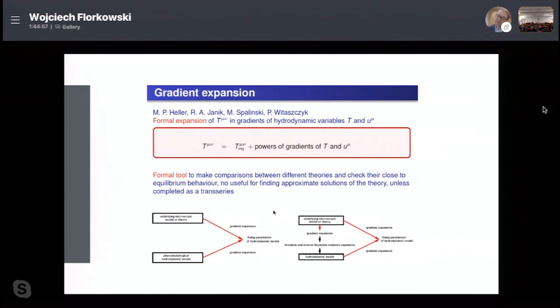And then if you make the Borel summation, then you can study some analytic properties of the Borel transform. And for some simple theory, what was found somehow is that actually the Borel transform contains some information about non-hydrodynamic modes. So this is really a mathematically very intriguing situation.